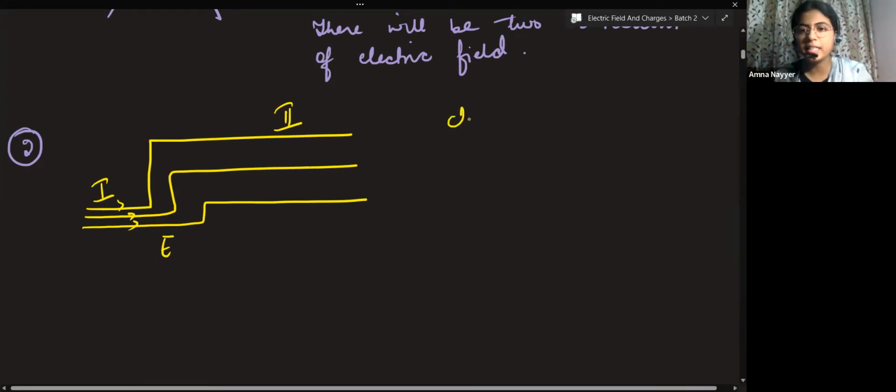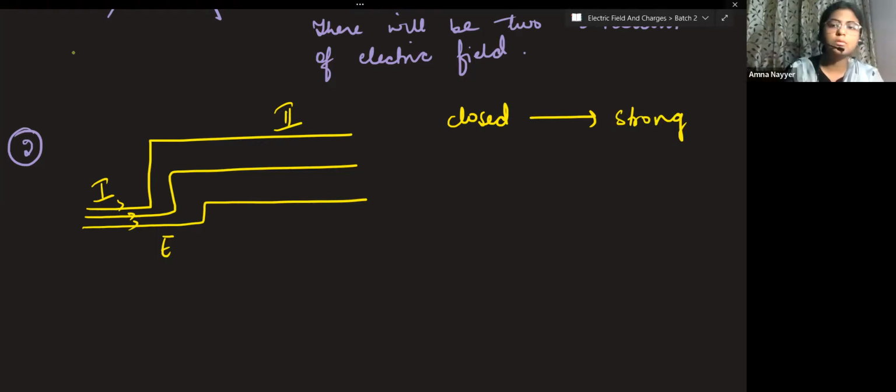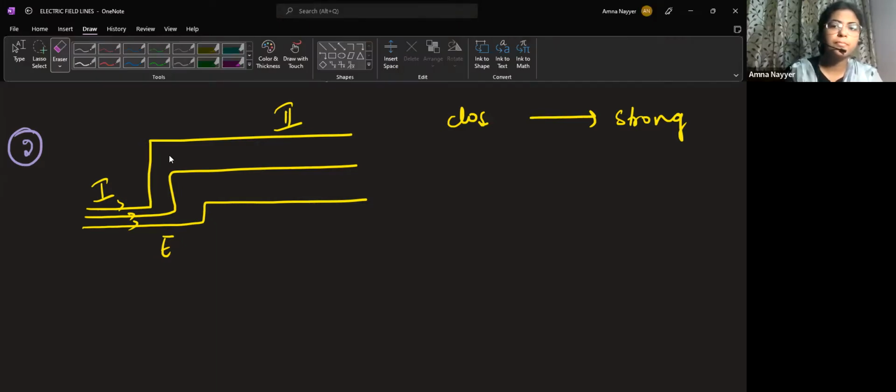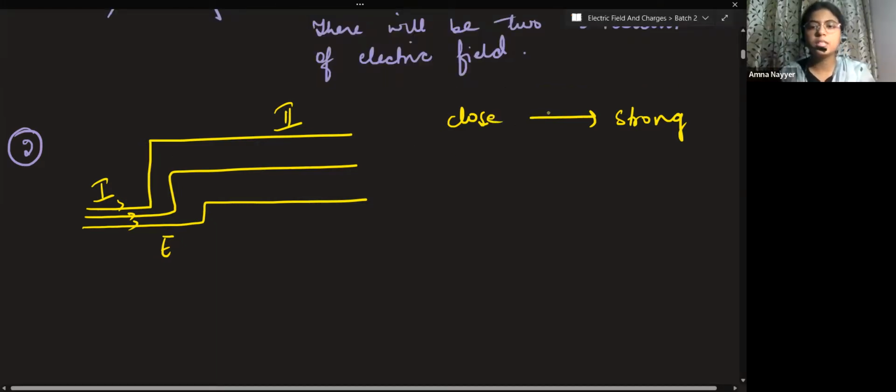when electric field lines are close to each other, that shows that the strength of electric field is strong. You have stronger electric field in this region. And if these are kept far apart, then your electric field strength is weaker.